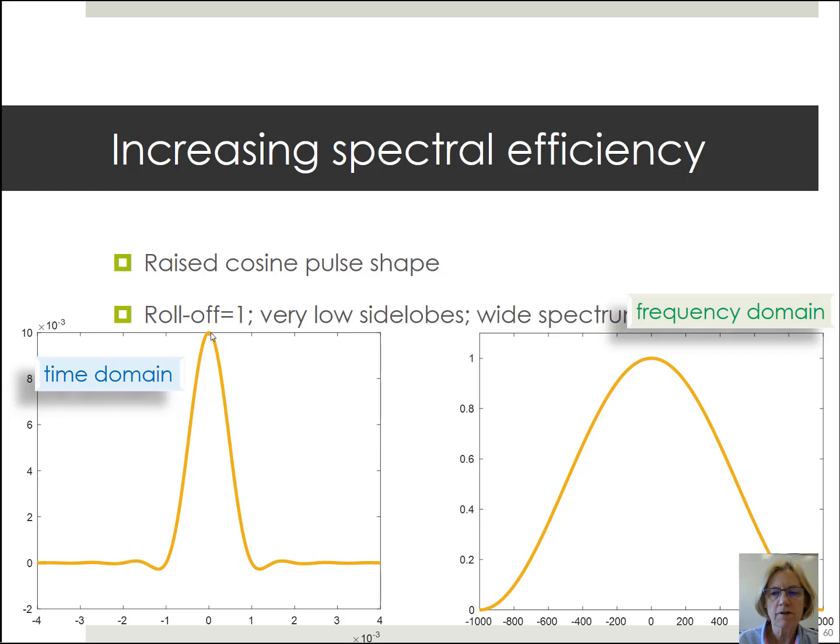And with a roll-off of 1, we have very low side lobes. So compared to the sinc function, we have much lower side lobes. But in the frequency domain, our occupancy is about twice what the narrowest possible occupancy could be.